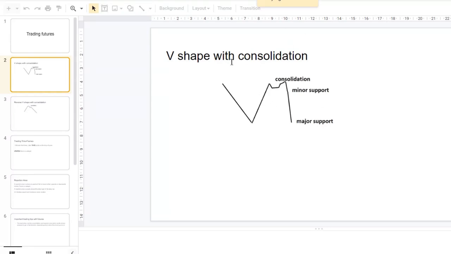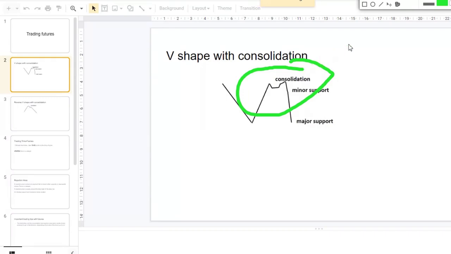Because a consolidation area means there's no more pressure around this area to push, or this area could be used for multiple things. One, if you're looking at a short position, this consolidation area tells you there is no more buying pressure. Again, depending on the price action, which we'll cover in a minute.